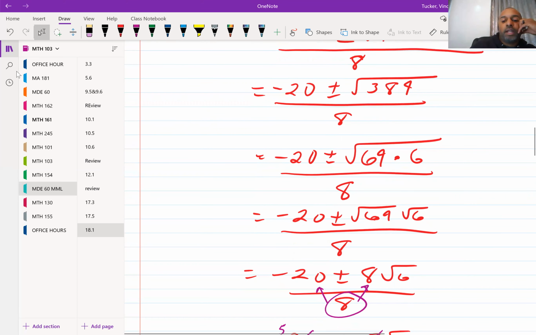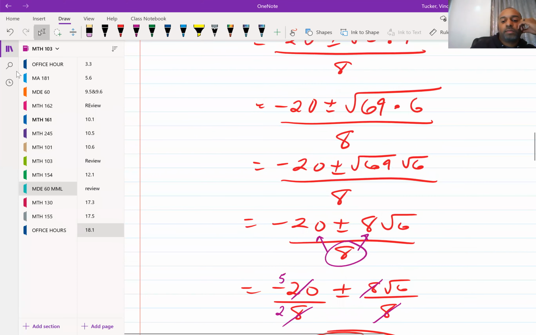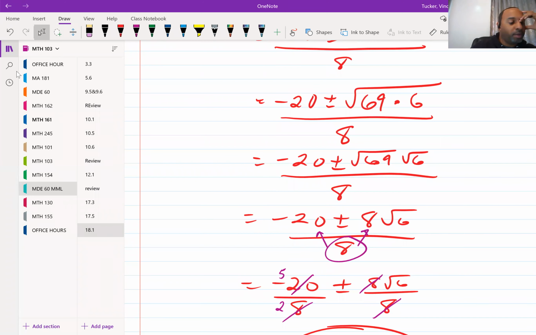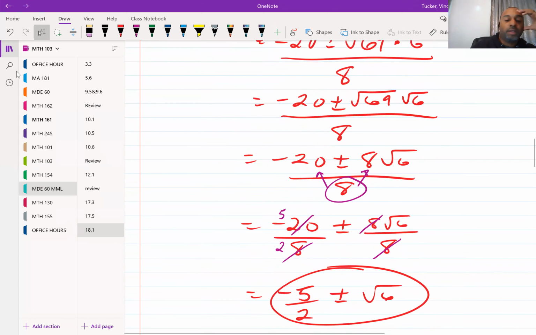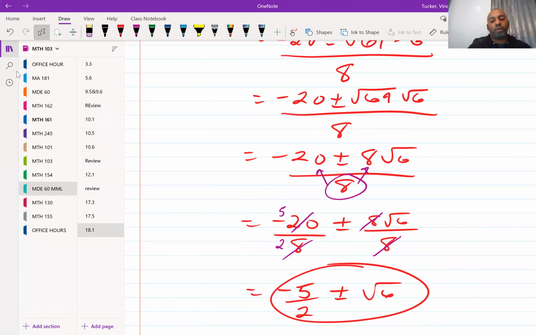All right, so divide the 8 into each term, the 8 that's in the denominator. And then simplify. So it'll be negative 5 over 2 plus or minus the square root of 6. Questions, any questions?